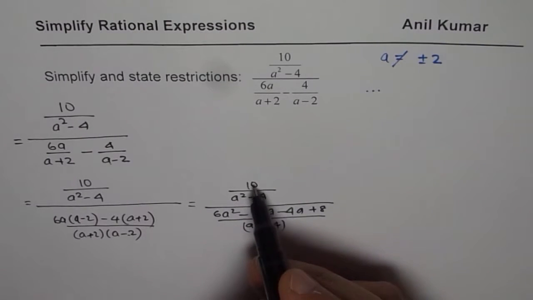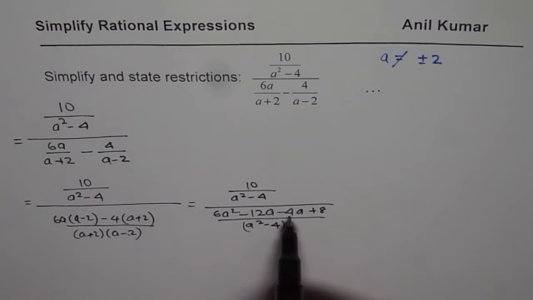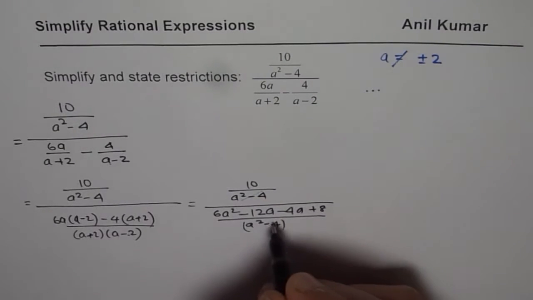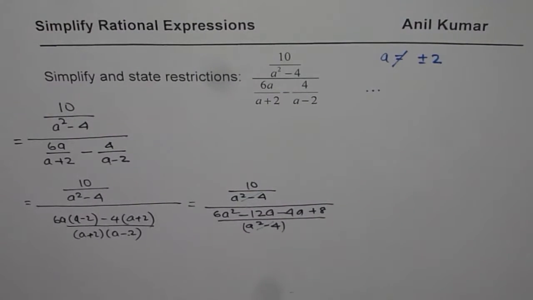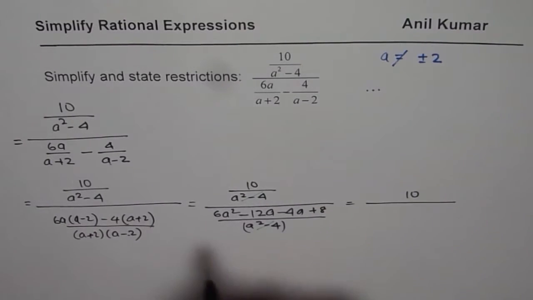Now, it is 10 divided by a square minus 4, and this is 6a square minus 12a minus 4a plus 8 divided by a square minus 4. So these denominators cancel off, right?